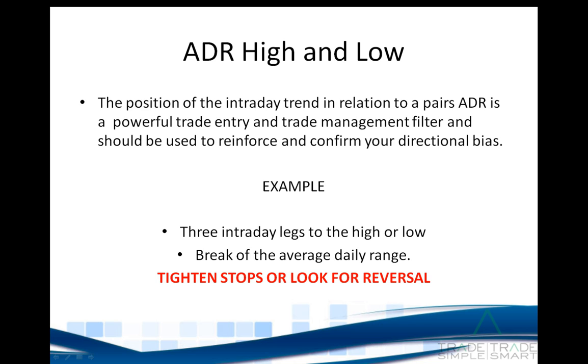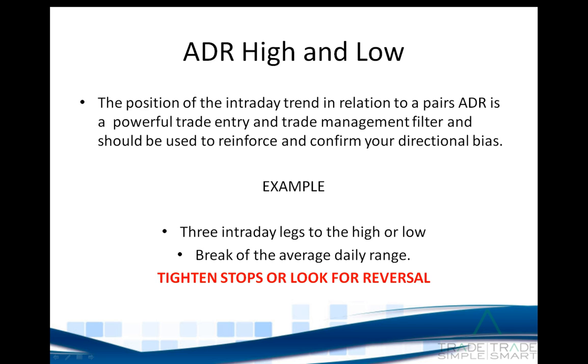So if we've seen 3 intraday legs to the high, for example, and we've seen the average daily range for the currency pair being met or even penetrated, and then we're about to enter into the US session, the logical step would be for you to either exit the trade, tighten up your stops, and then look for a reversal during the New York session.